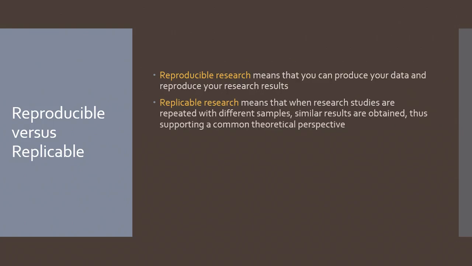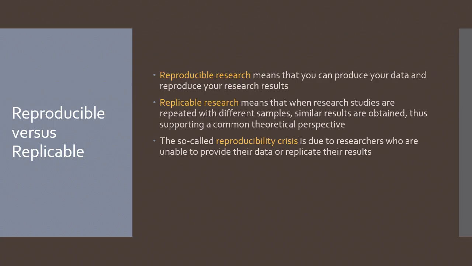Replicable research means that when research studies are repeated with different samples, similar results are obtained, thus supporting a common theoretical perspective. So replicable research really is about moving the field forward because different researchers obtain the same kind of results when they're studying the same phenomena, so you can come up with general principles for your discipline.